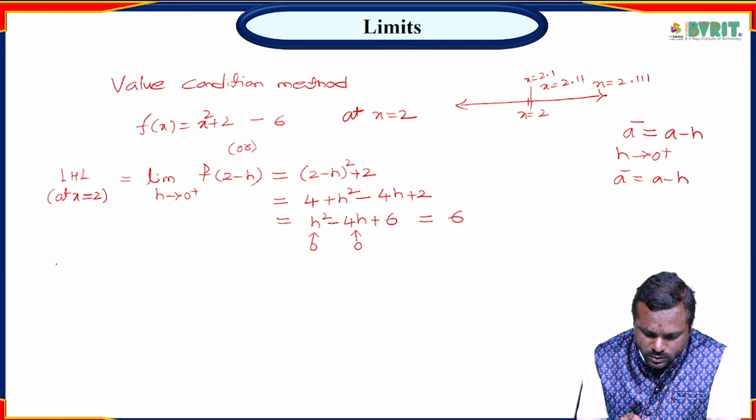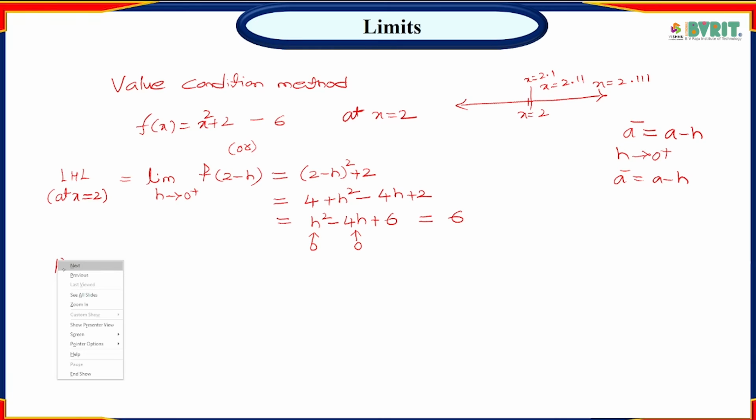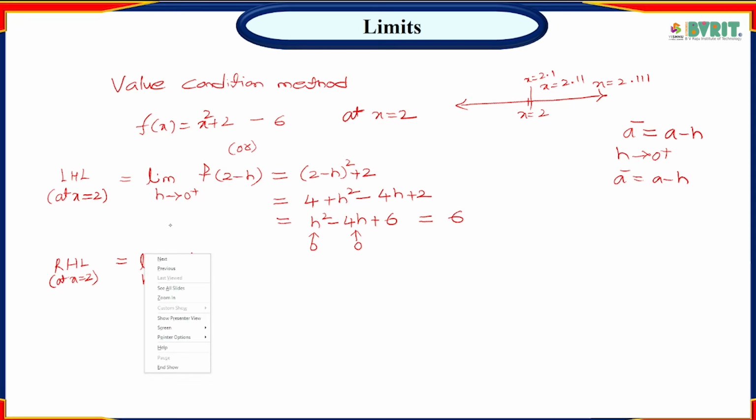Then coming to the right hand limit similarly. The right hand limit at x is equal to 2 is limit h tends to 0 minus f of 2 plus h.